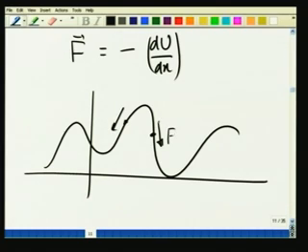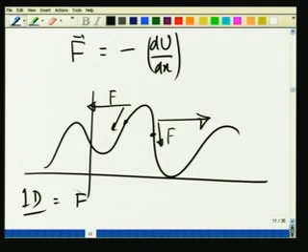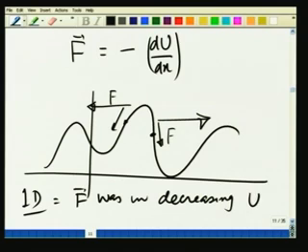Here this is one dimensional case, in this case it was in this direction, because du dx is positive, force is in negative direction. So, it was in the direction of decreasing u. So, in 1D case, f was in decreasing u direction.